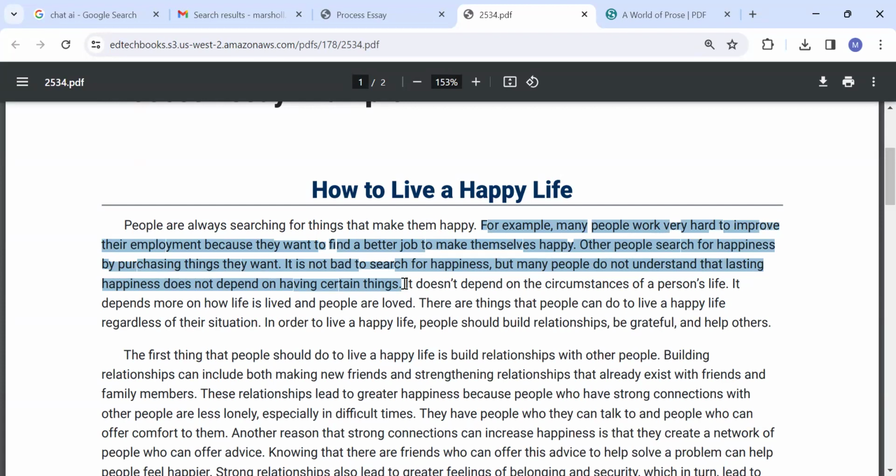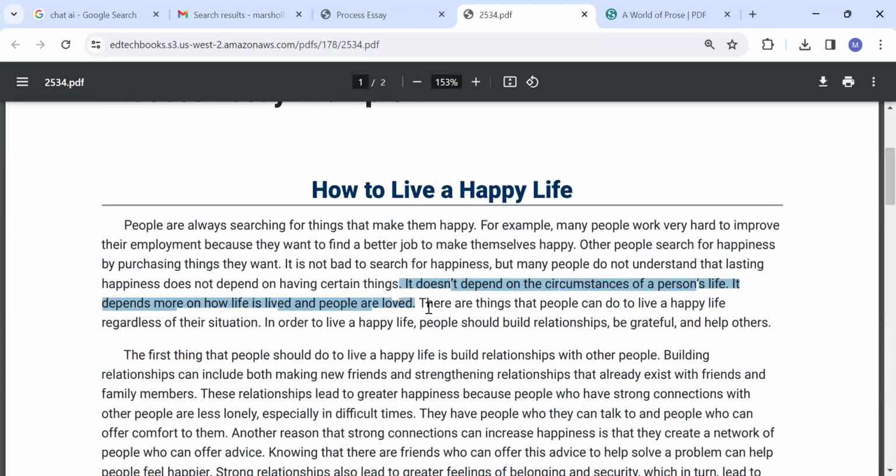Other people search for happiness by purchasing things they want. It is not bad to search for happiness, but many people do not understand that lasting happiness does not depend on having certain things. It does not depend on the circumstances of a person's life. It depends more on how life is lived and the people that are loved.